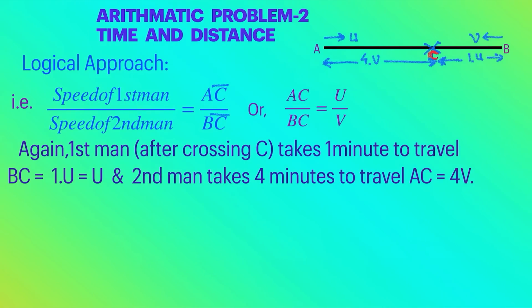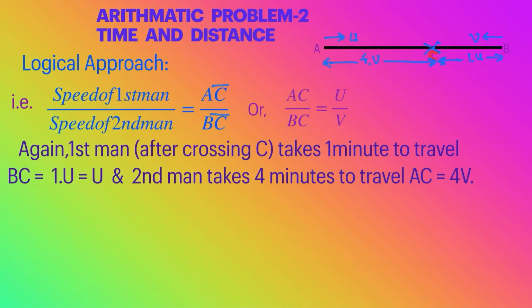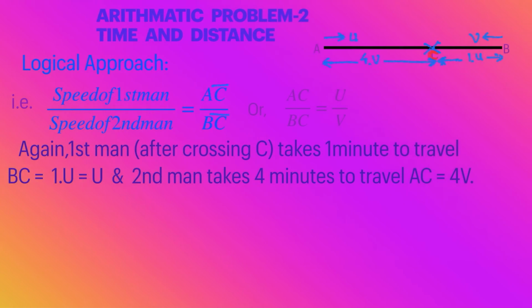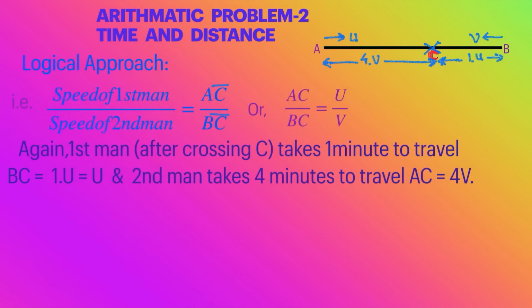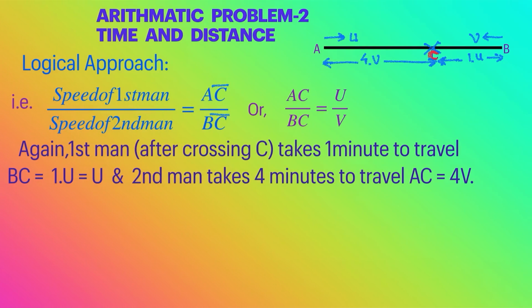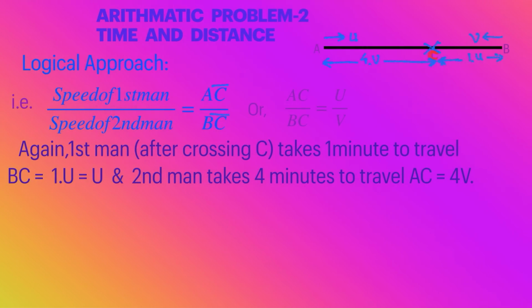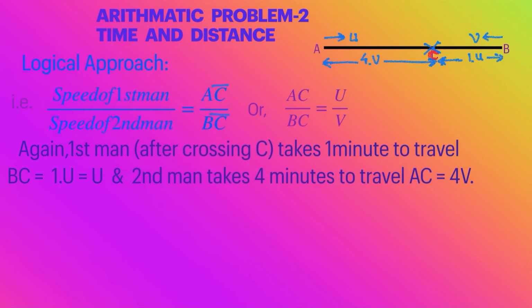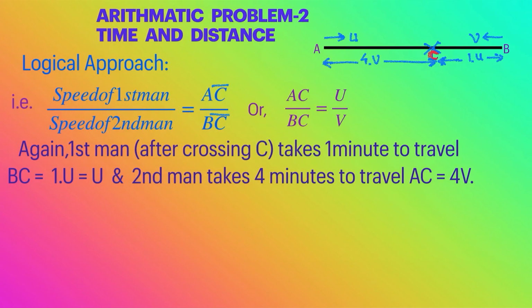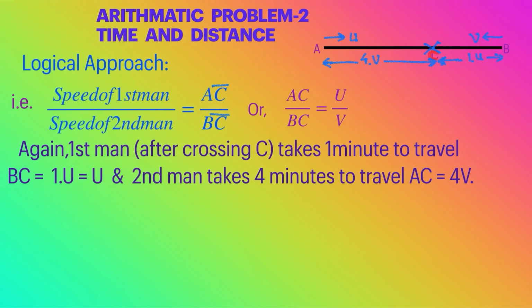So here the first man takes 1 minute and its speed is U. So after crossing, he has traveled the distance BC, so BC equal to 1 into U, that means U. And after crossing, the second man takes 4 minutes to travel AC, so AC equal to 4 into its velocity, and we have supposed the second man's velocity to be V, so AC equal to 4V.